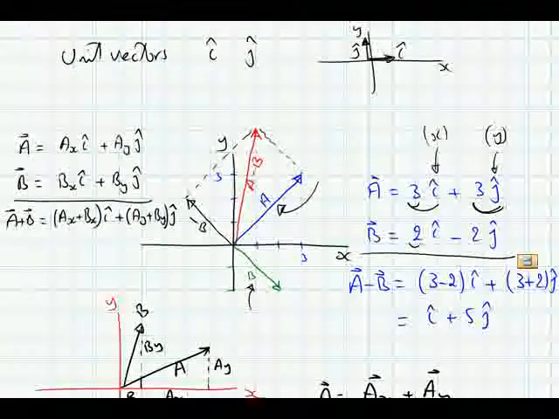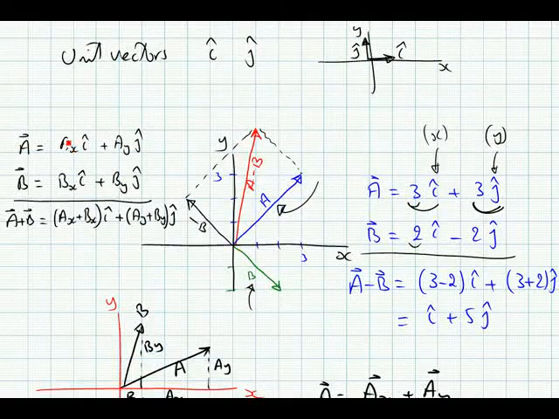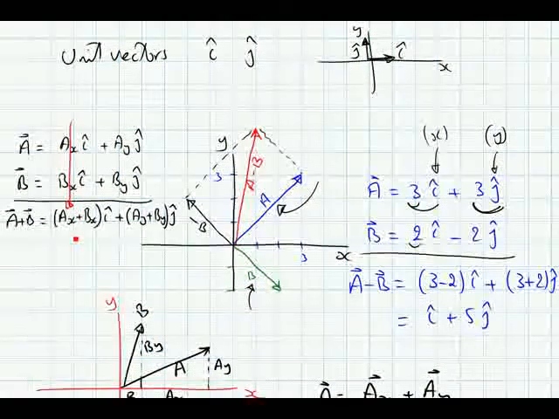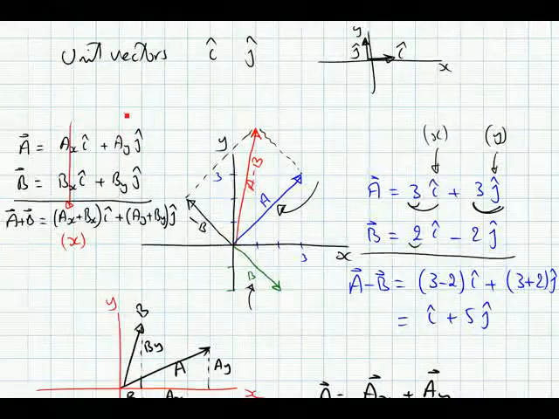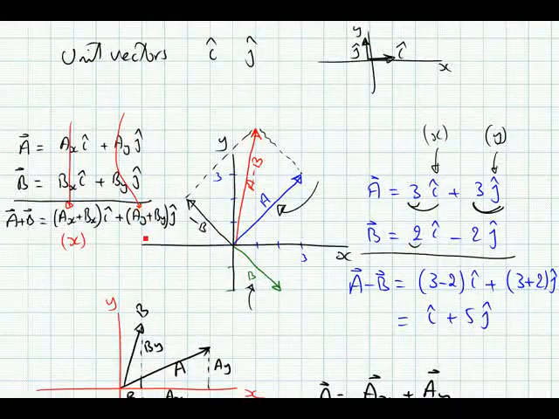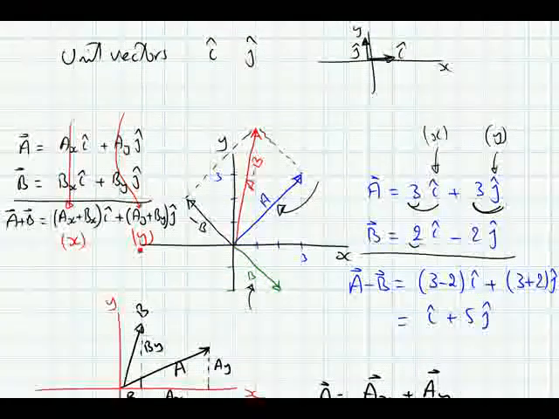So you sum up the x components to get the x component of the resultant, and you sum the y components to get the y component of the resultant.